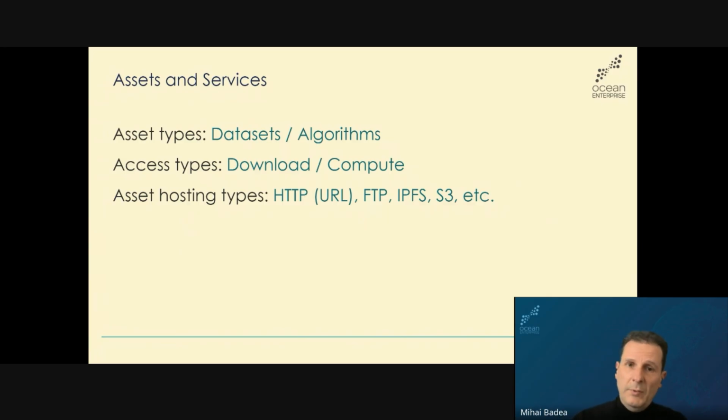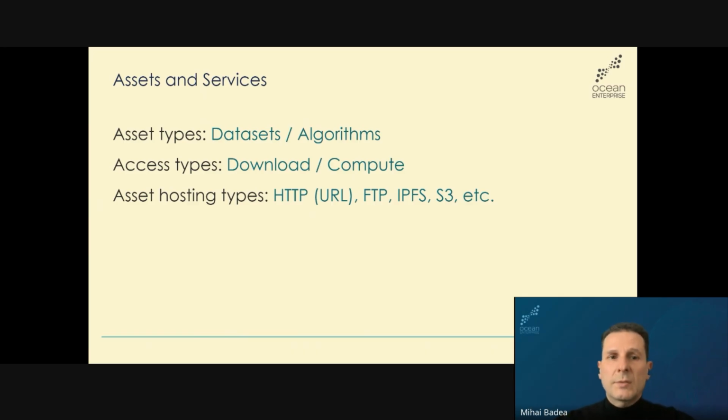The distinction between algorithms and datasets is when it comes to compute data, because algorithms are the programs that are executed on top of a data set. That's the only difference between an algorithm and a data set. Because, of course, an algorithm is also stored in a file that is accessible through a link, let's say.